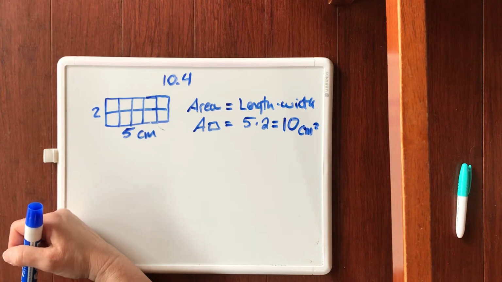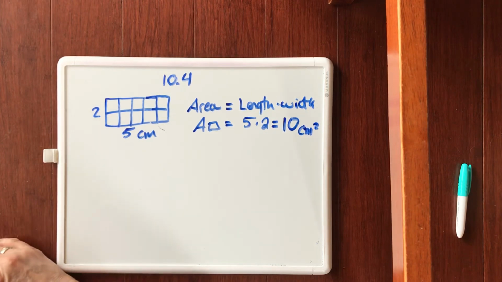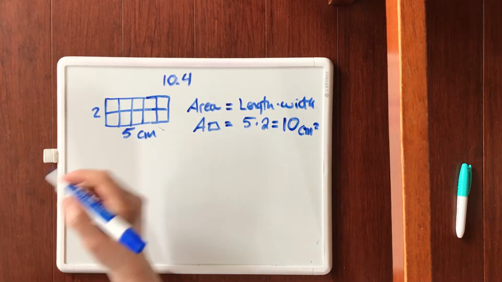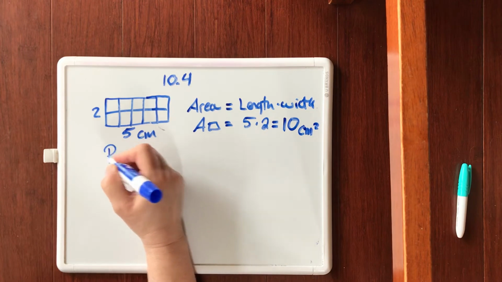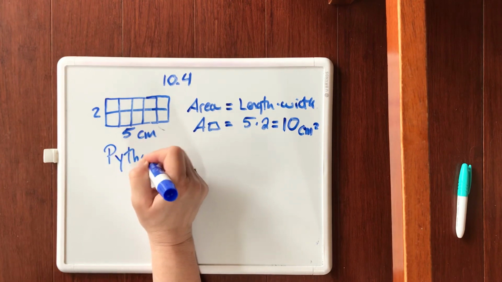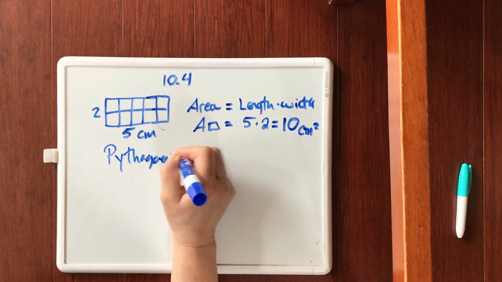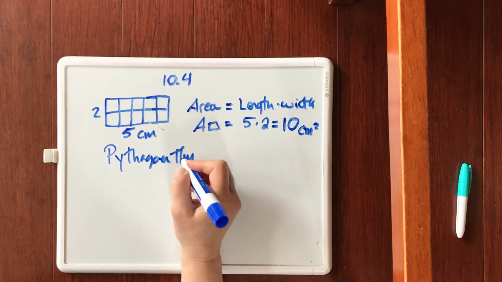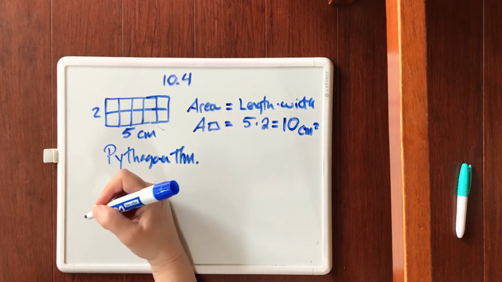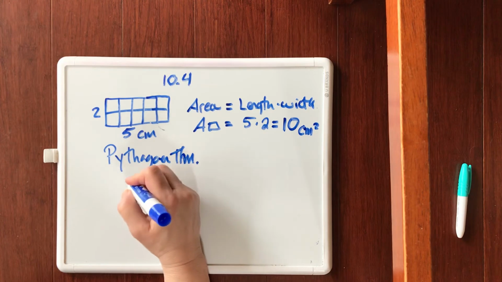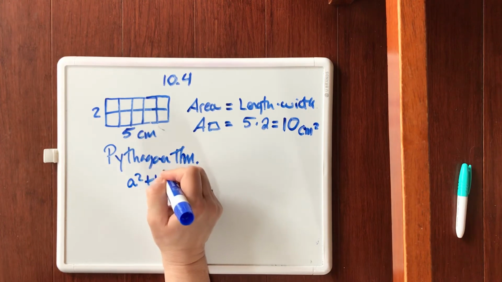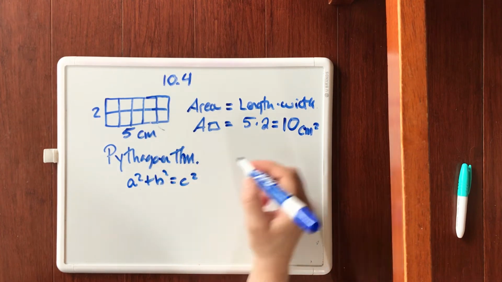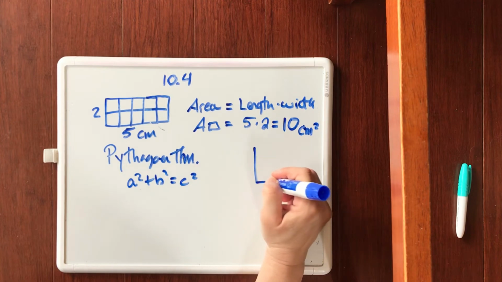All right? Now, we have different formulas for different shapes. But before we go there, I wanted to talk about the Pythagorean theorem that we learned about last time. We said a squared plus b squared equals c squared when we're talking about a right triangle.